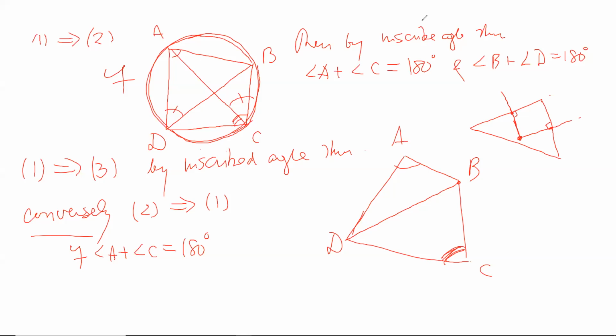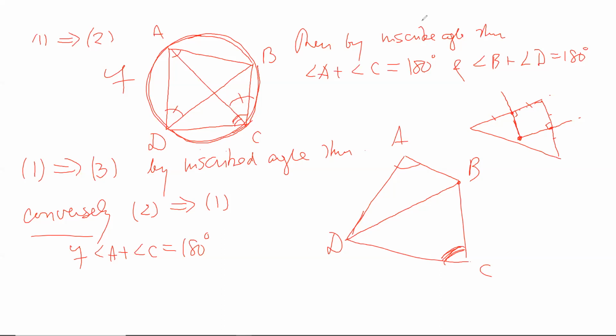Are you with me? So you look at the two perpendicular bisectors, you know what that means, right? They just pass through the midpoints. You look at two perpendicular lines to the sides. Okay, so they're going to intersect at a point, but then what?